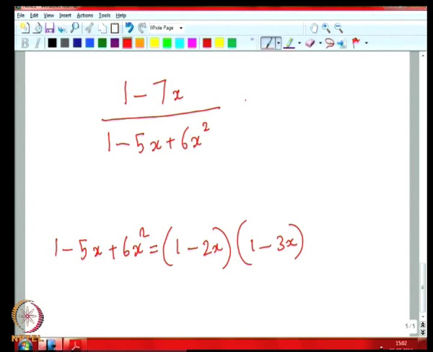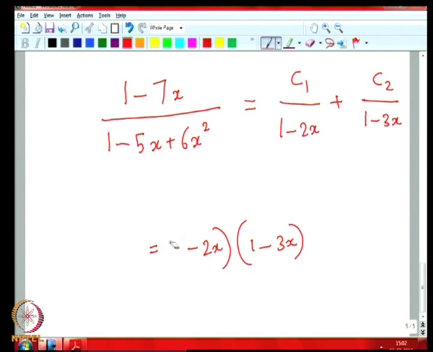Now we can say that, for some constants c1 and c2, this is c1 by 1 minus 2x plus c2 by 1 minus 3x. Then we can compare the numerator.